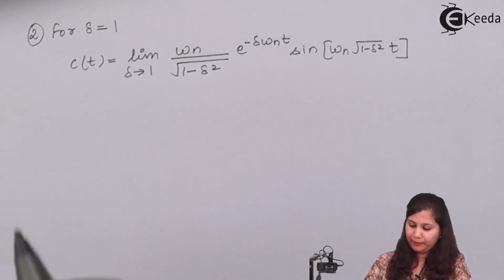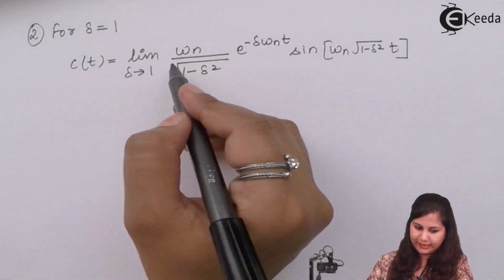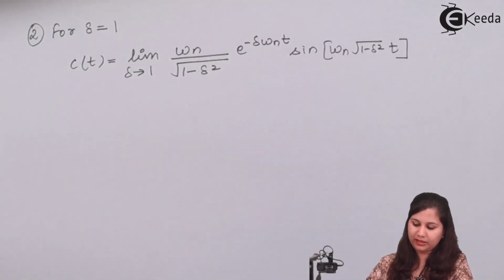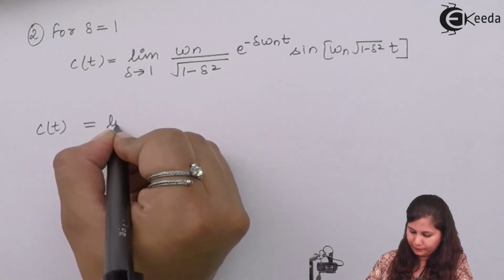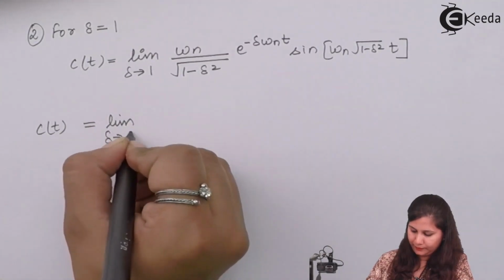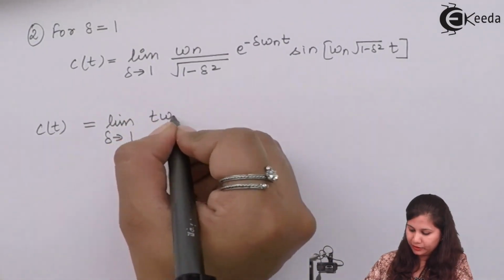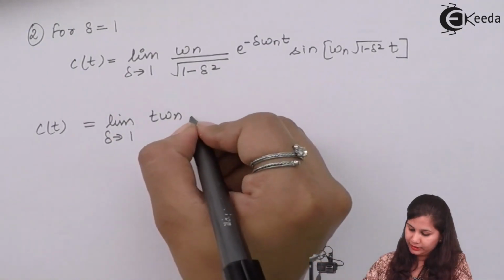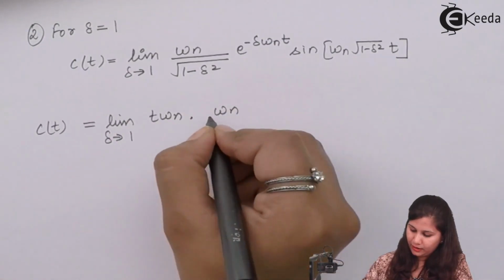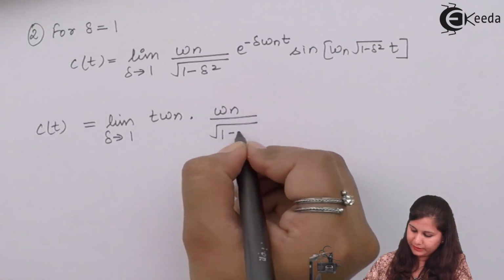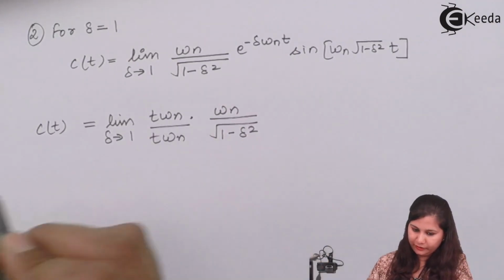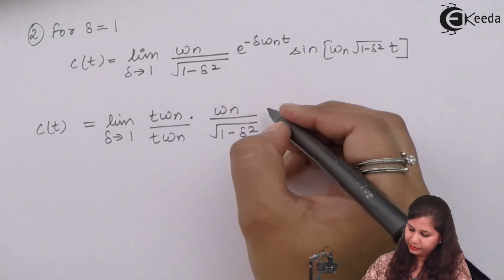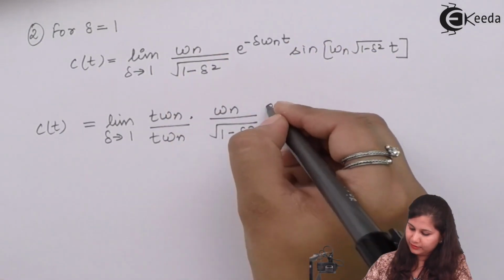Now we will multiply and divide this expression by t omega n. So if we multiply it by t omega n, then this is omega n upon under root of 1 minus delta square. We are also dividing it by t omega n, and this term is as it is.